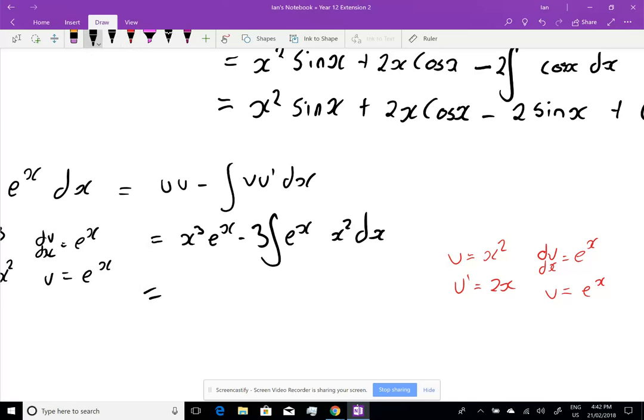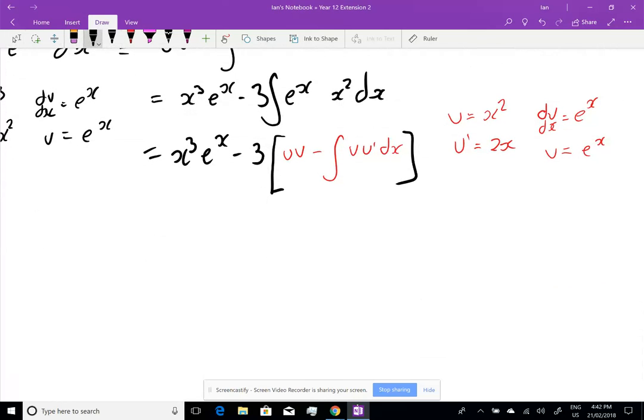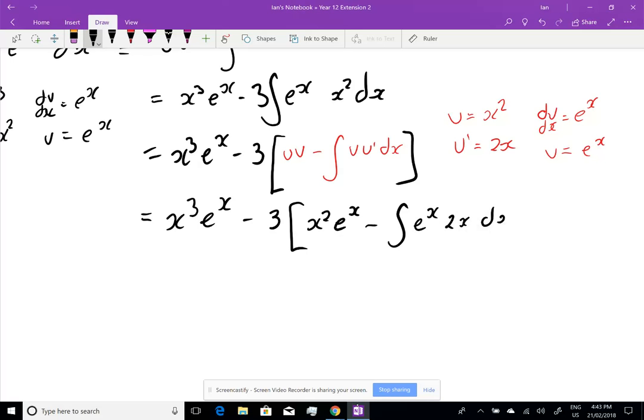So I go here, x cubed e to the x minus 3, and what have I got here? I've got uv minus the integral of v u dash dx. So what is that? This part's done, x cubed e to the x minus 3 uv, x squared e to the x, minus in here, I get 2 e to the x times 2x dx.